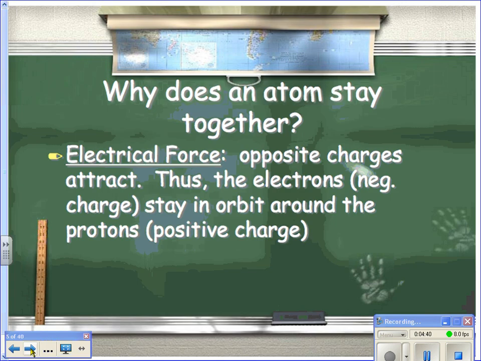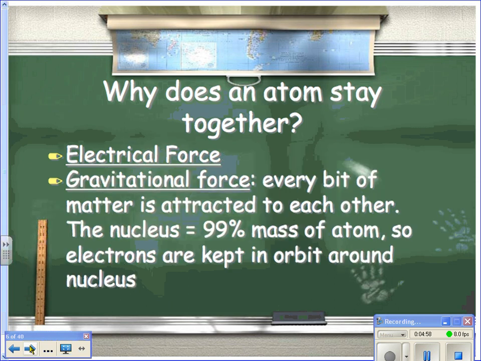3 main forces. One is the electrical force. This is where opposite charges attract. Thus, the electrons, the negative charges, stay in orbit around the protons, which have that positive charge. Opposite charges attract. Gravitational force. Every single bit of matter is attracted to each other in the entire known universe.